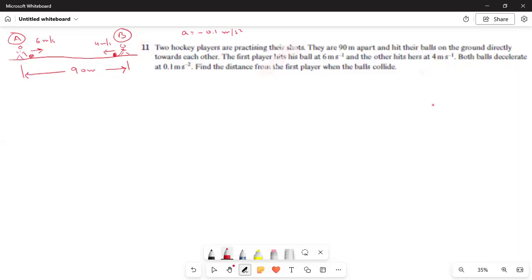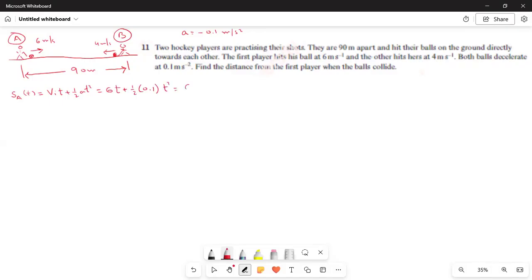So the distance traveled by the ball sent by player A as a function of time, we know, is v_i t plus half a t squared. So v_i is 6, times t, plus half, and the acceleration is 0.1 meter per second squared, into t squared.